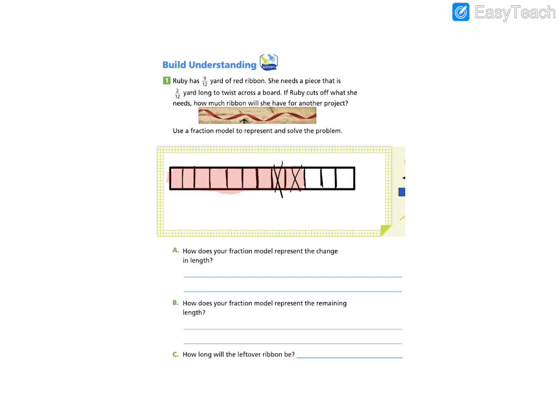Let's go ahead and answer our questions. Letter A asks us, how does our fraction model represent the change in length? Well, it shows the original length is 9/12, right? And then it shows 2/12 were crossed off. So it shows the original length of 9/12.